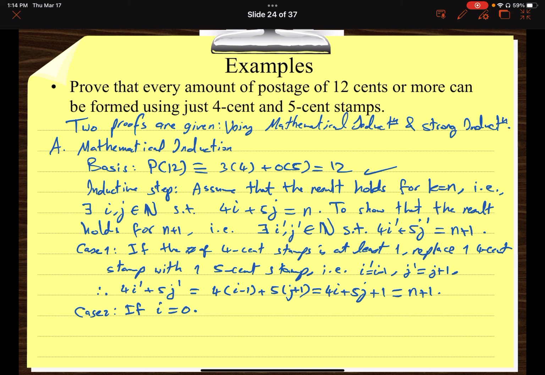I don't get it. I'm not getting it. Whenever J reaches 4, deduct 4 and deduct 4J and add 5I. J is the number of 5 stamps, I is the number of 4 stamps. Now in this case, I is 0. So 5J is equal to n. Okay, how can I get n plus 1?